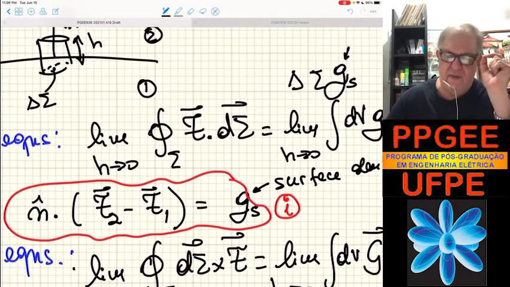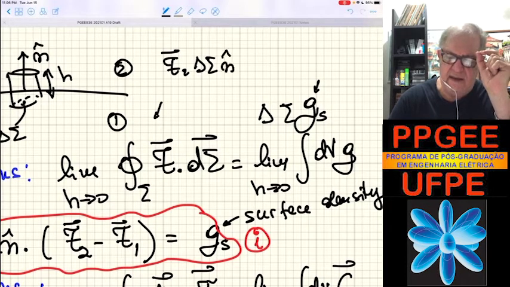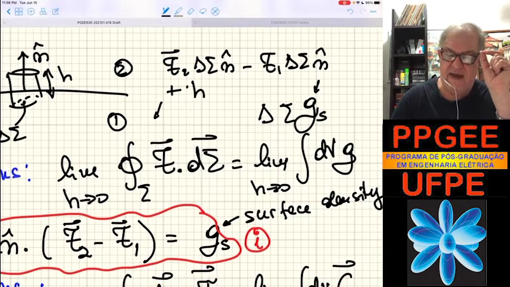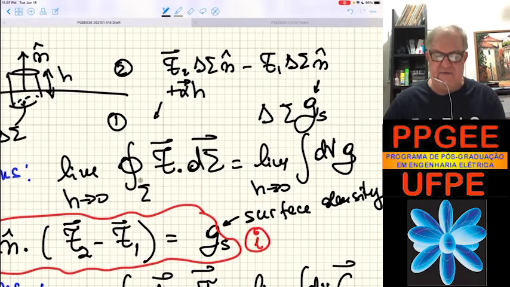And on the other hand, when we make the limit of H going to 0, we are going to have a contribution on the top surface. It's going to be F side 2 delta sigma N minus F side 1 delta sigma N, plus something proportional to H, since the flux through the lateral surface is going to be proportional to H. That's the flux.